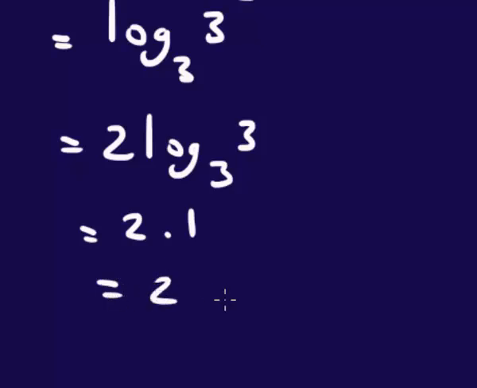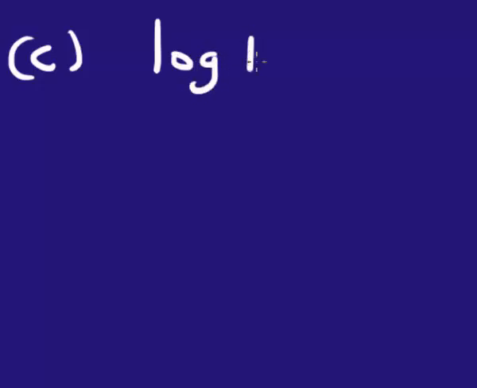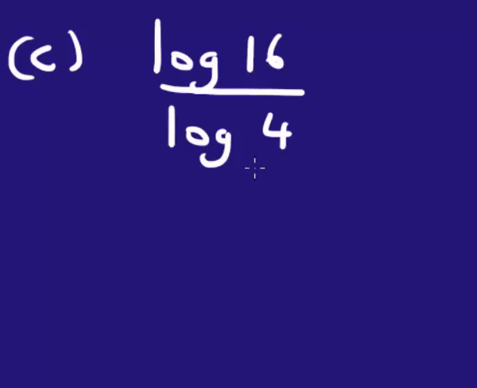What a pleasure. Okay, let's look at a few other types quickly, and then we'll get into the change of base rule as well. Another one, number C. What if you had something like this? Log of 16 divided by log of 4. The best way is to think about it this way: 16 could be 2 to the exponent 4.